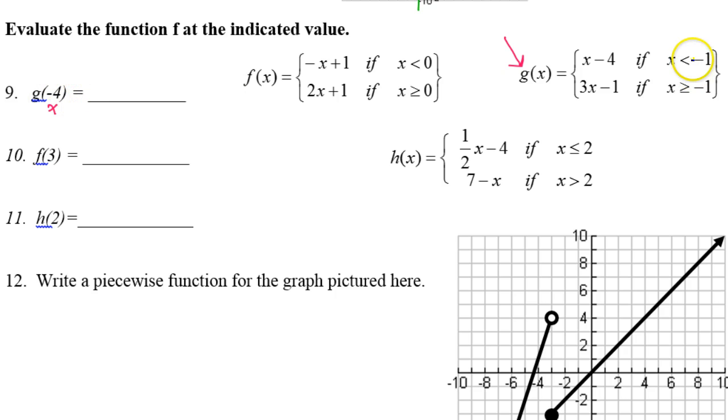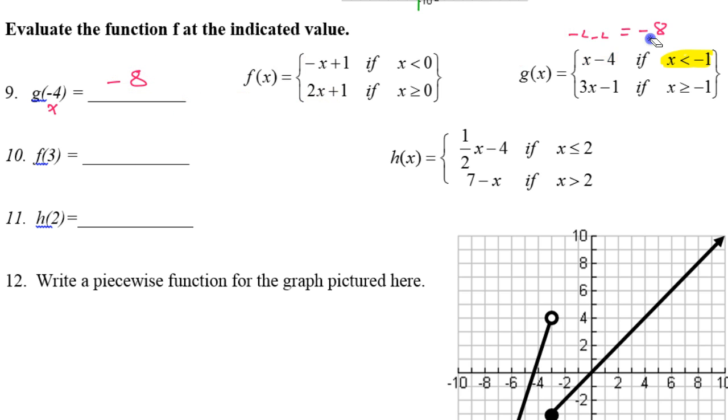So -4, is that less than -1? Yes, it is. So we're going to be using the top part of this equation. So that's -4 minus 4, and that equals -8.